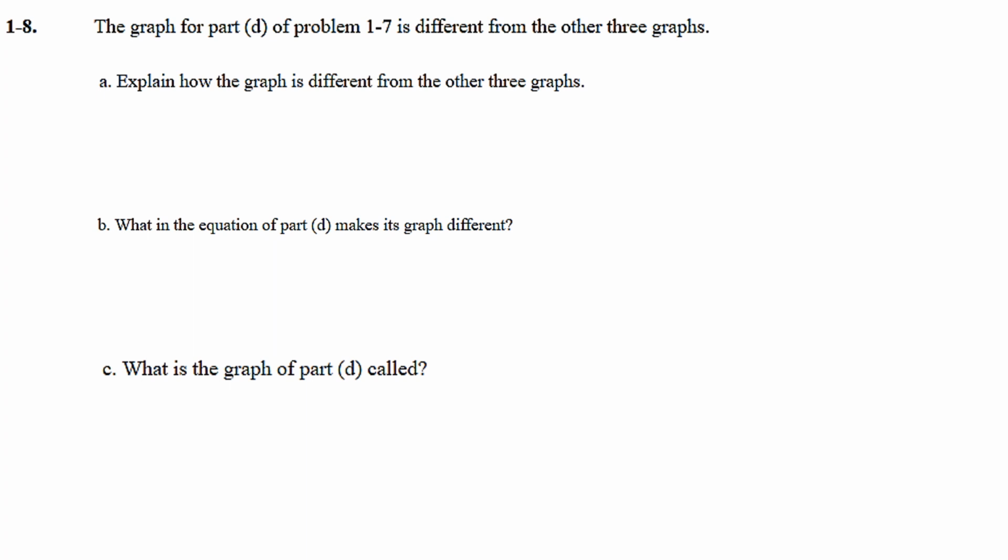Okay, 1-8. The graph for part D of problem 1-7 is different from the other 3 graphs. Explain how the graph is different than the other 3. Well, it was the only one that was not a line. So the graph did not make a line.